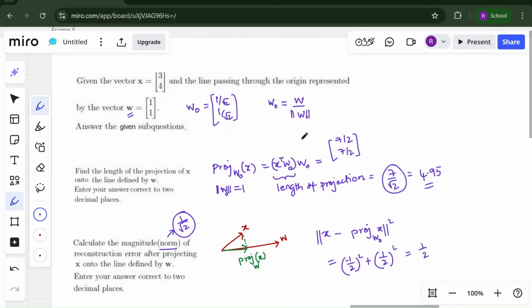This is how you do a projection. x is 3, 4. Is it clear?